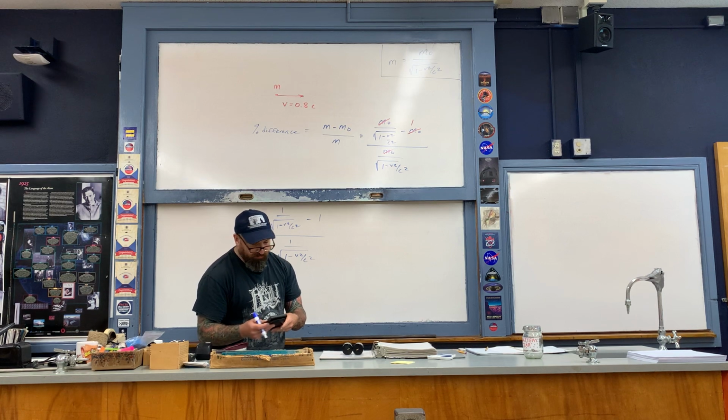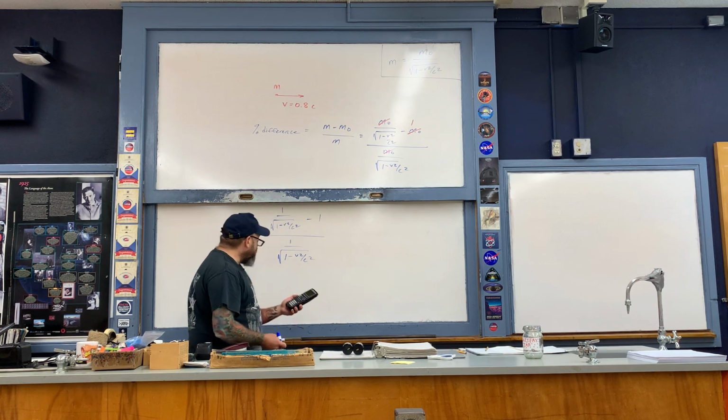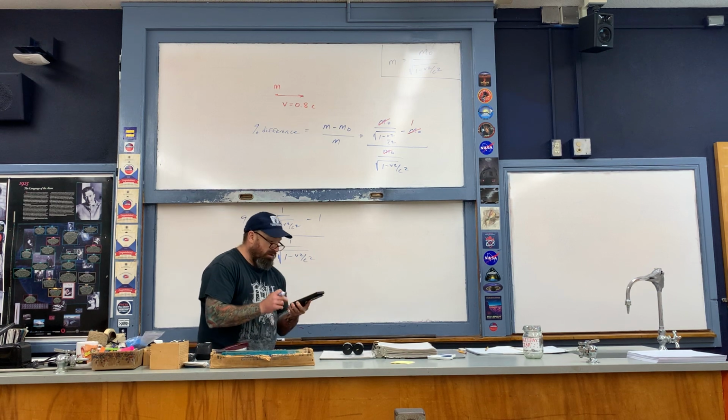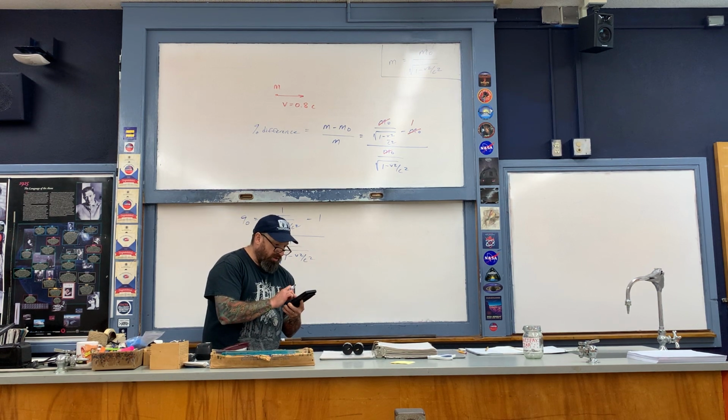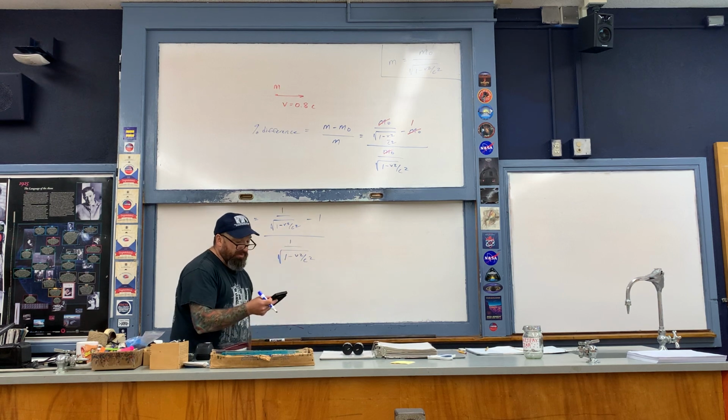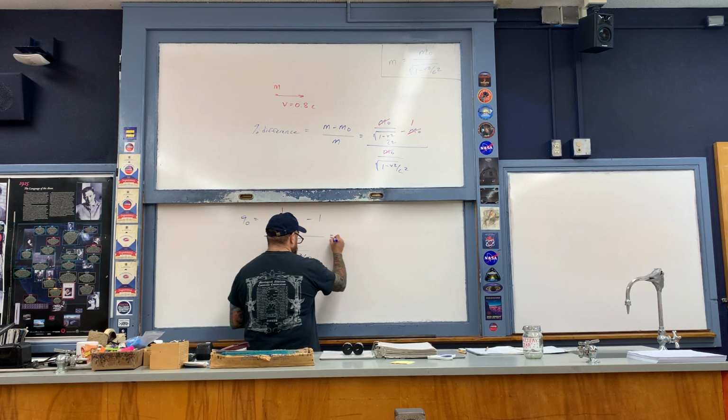What I'm going to do first of all is just plug in v as 0.8c into each of these terms here and here. So 1 divided by quantity 1 minus 0.8 squared. Once again, all of the c's cancel out. This guy here and this guy here is about 1.67.